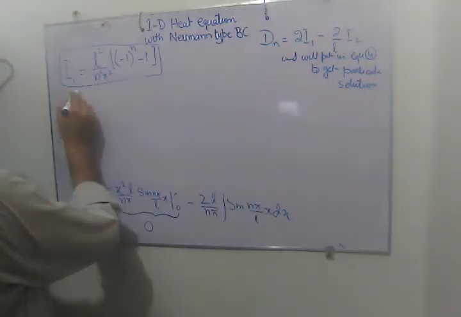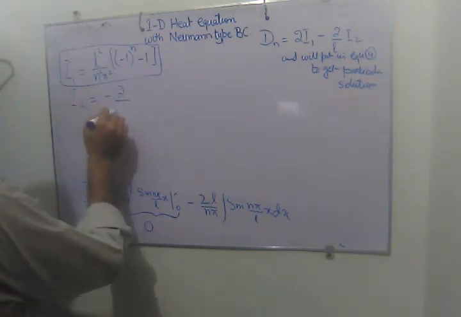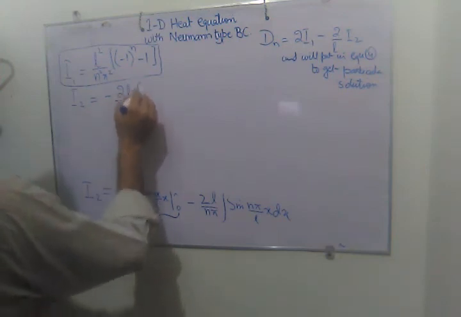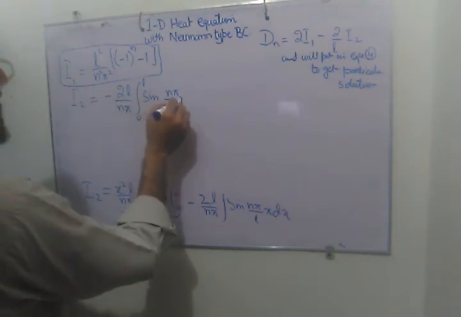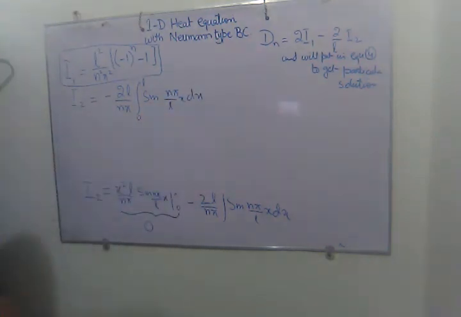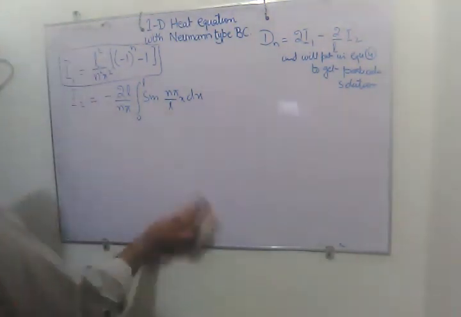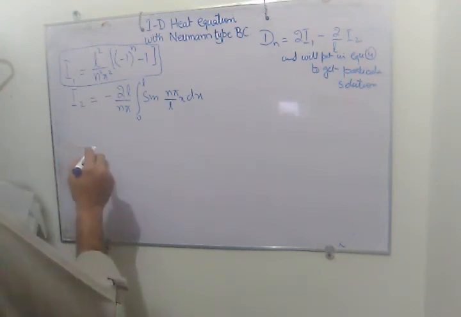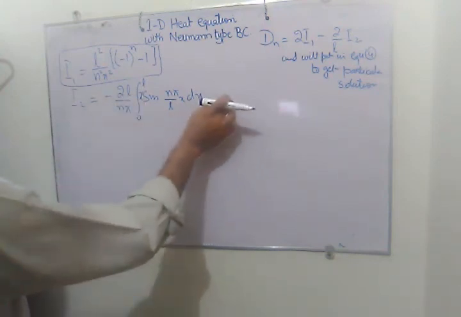The value of I2 will become minus 2 upon n pi, integral 0 to L sin n pi upon L x dx. And there was an x as well here because it was 2x.